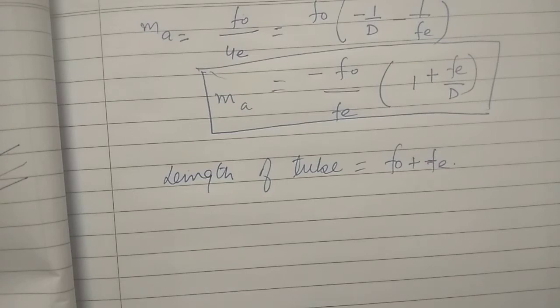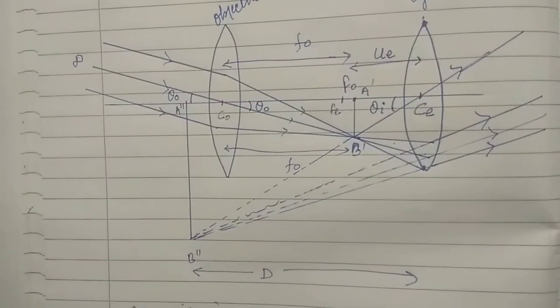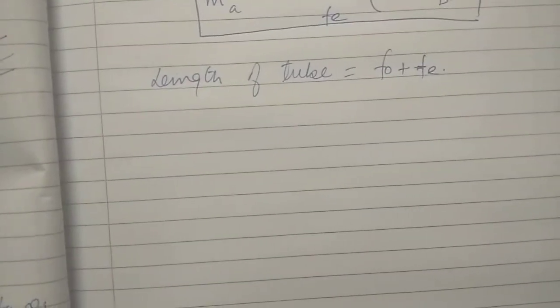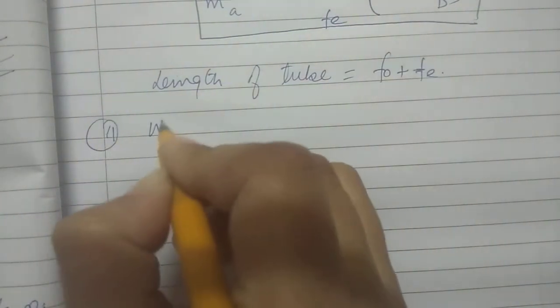Now, the second case we are going to discuss is when the final image is formed at infinity, and this adjustment is also called normal adjustment of the telescope.